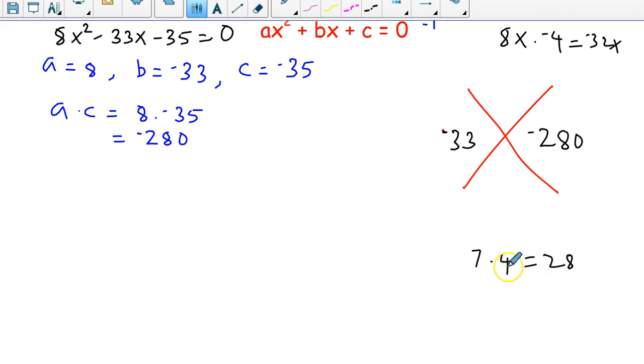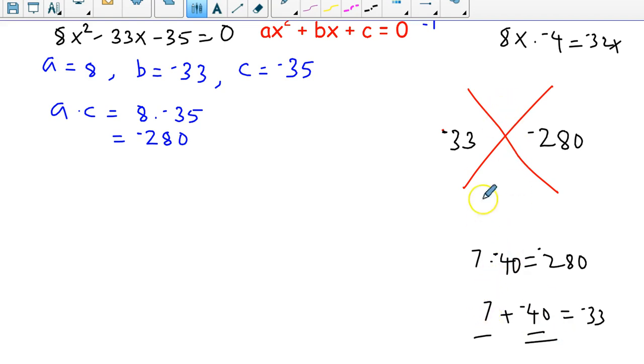In the same way, 7 times 40 is 280, right? If 7 times 4 is 28, 7 times 40 is 280, and 7 plus negative 40 gives you negative 33, right? And here also, now if I put 7 times negative 40 is negative 280. So you got your numbers.